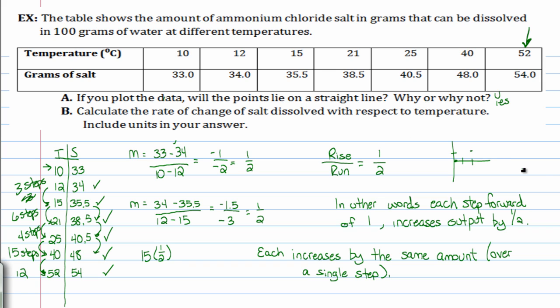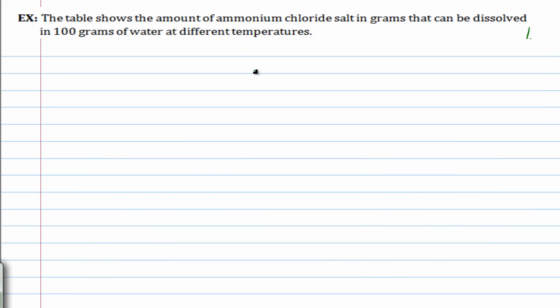When somebody says salt with respect to temperature, or miles with respect to gallons, or quantity 1 with respect to quantity 2, and by the way, mathematicians write this phrase with respect to so much that they just use WRT.